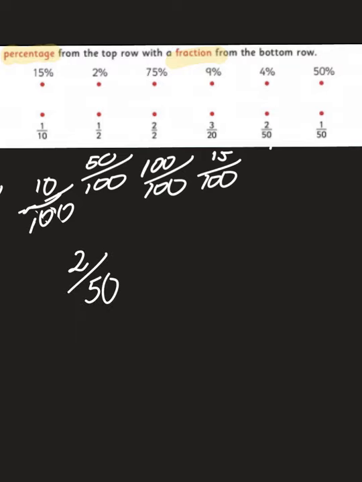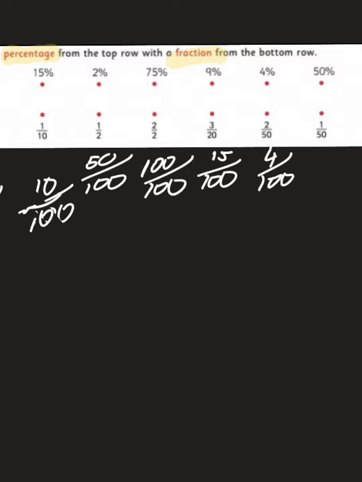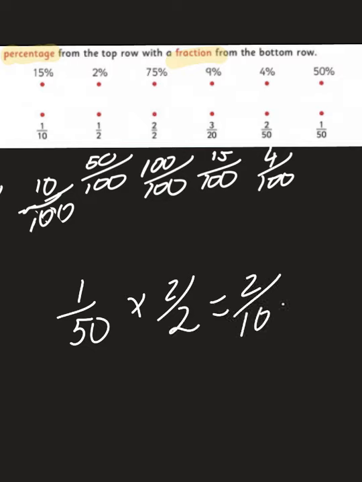The next one, 2 over 50. 50 needs to be multiplied by 2 to make it 100. 4 over 100. 1 over 50. 2 over 100. 1 over 50 multiplied by 2 over 2, because 50 by 2 is 100, is equal to 2 over 100.